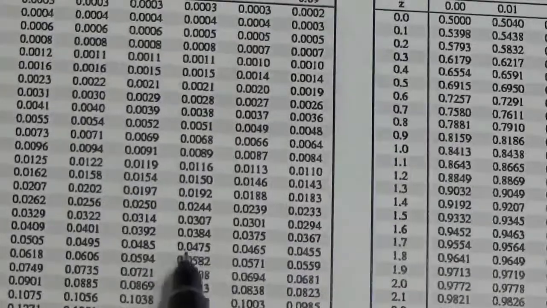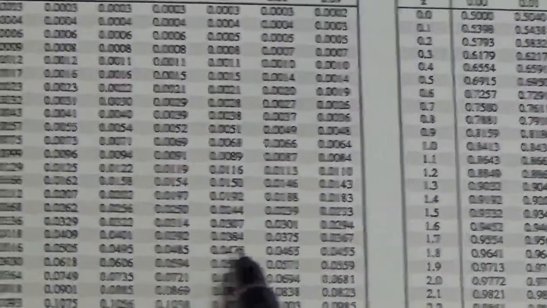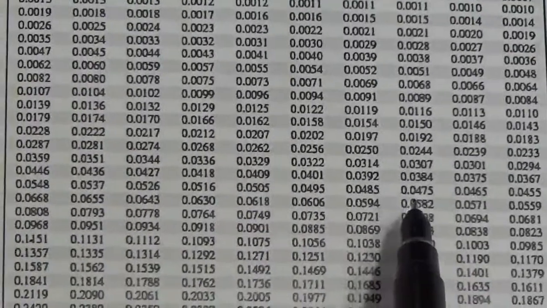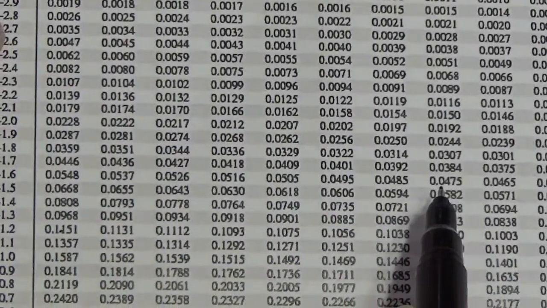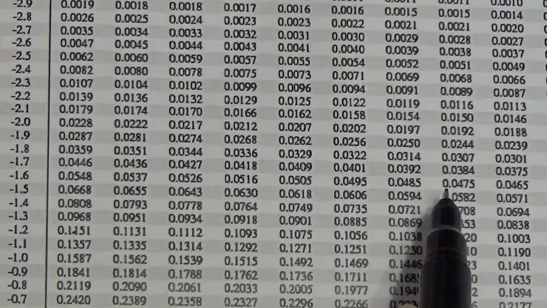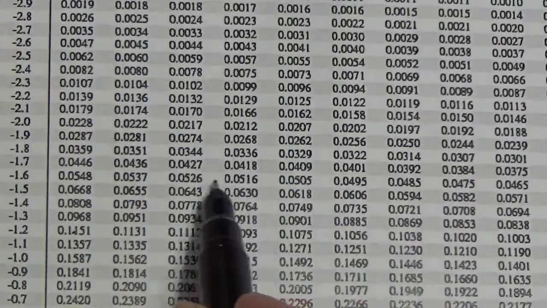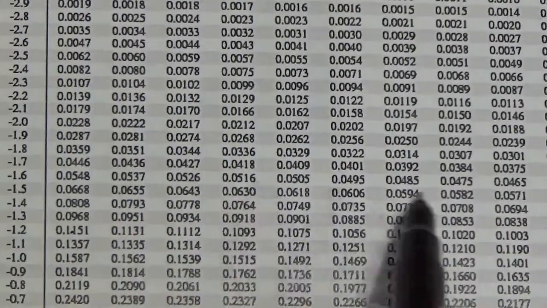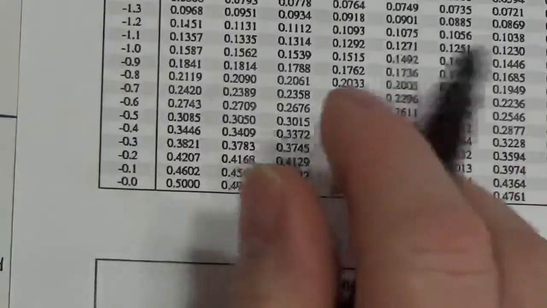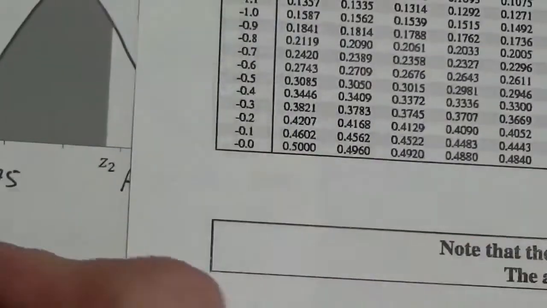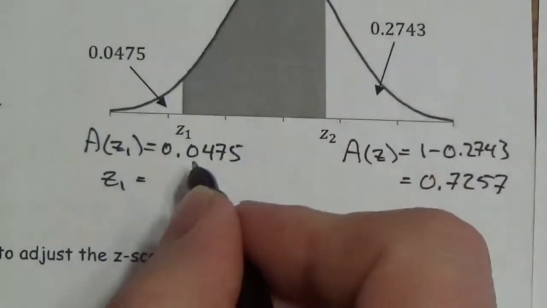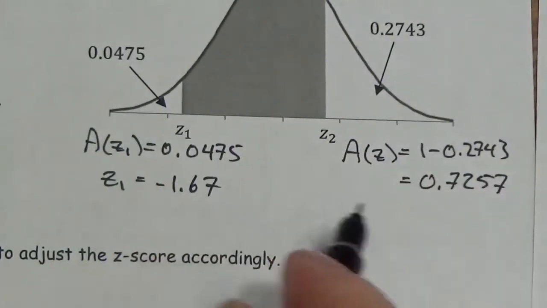Okay, there it is, 0.0475. Wow, I looked all over the place. So 0.0475, if I slide over to the left here, that's going to be negative 1.6. And if I slide up, it's 0.07, so negative 1.67.